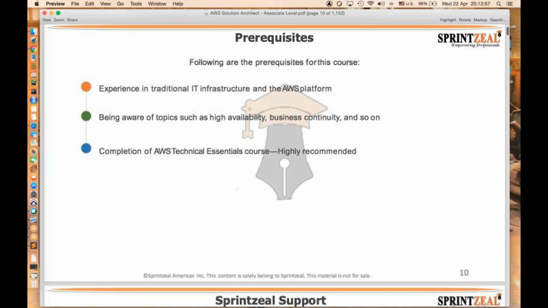Moving to the next slide, the prerequisites. We need to know at least a few of the services or skills required to understand the Solution Architect in AWS, which is experience in IT infrastructure and the AWS platform.